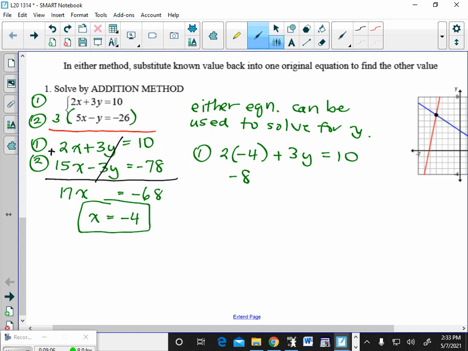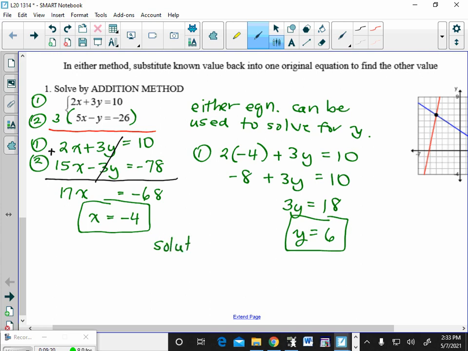So we have a negative 8 plus 3y equals 10. We will add 8 to both sides, divide both sides by 3. We end up with y equal to 6. So our solution to the system is an ordered pair, negative 4, 6.